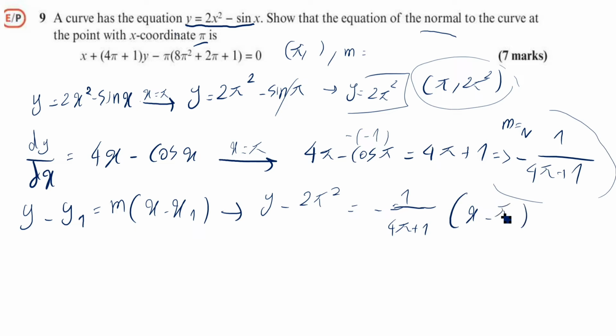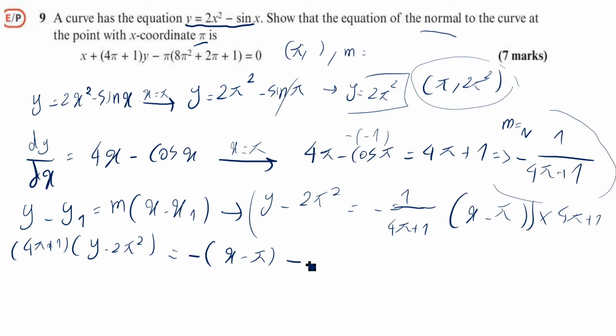Okay. Since we want our equation in this form, we need to get rid of this 4 pi plus 1 in our denominator. So we multiply both sides by 4 pi plus 1, which is going to be 4 pi plus 1, times y minus 2 pi squared, equals minus x minus pi.